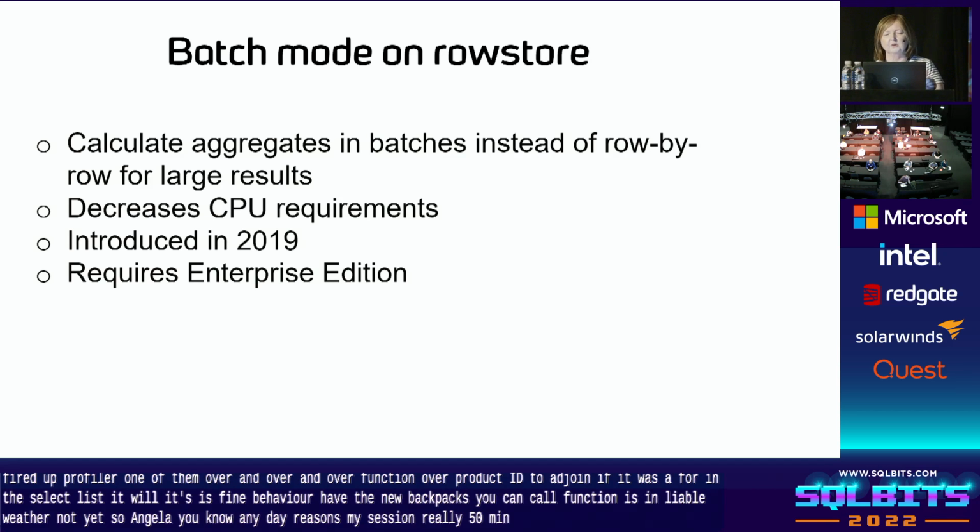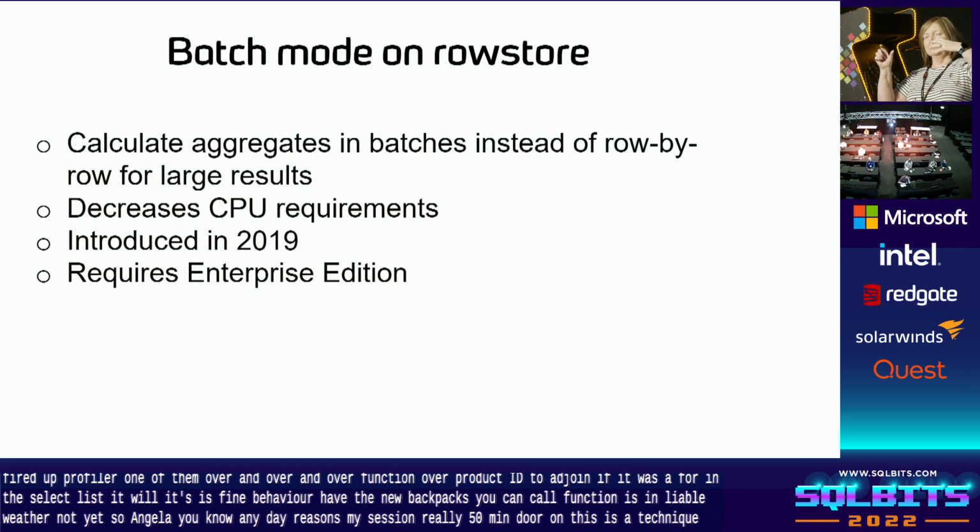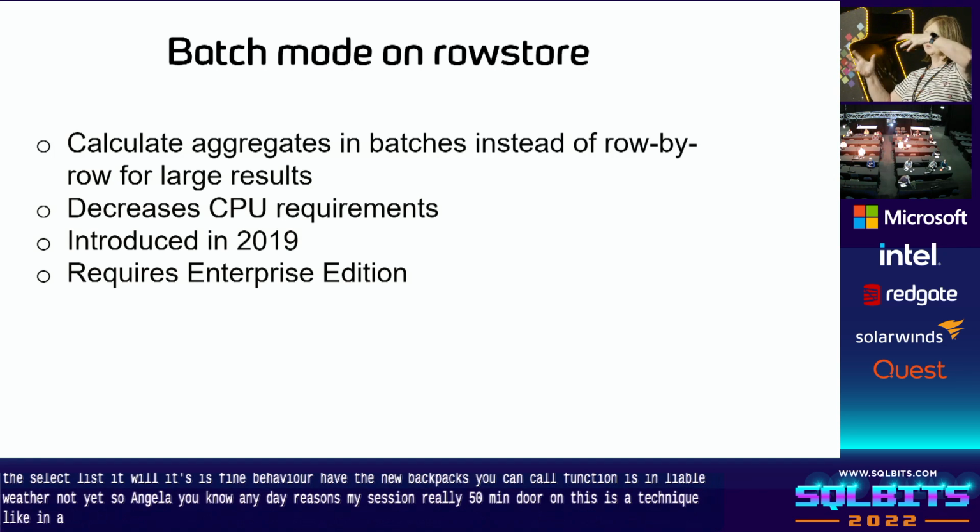All right, batch mode on rowstore. So rowstore has to do with column store indexes. This is a technique in column store indexes where it's a big problem, like a big aggregate in a data warehouse report, and SQL Server will break the problem down into pieces. This is not parallelism. This is kind of like, let's just take these rows and separate them out.